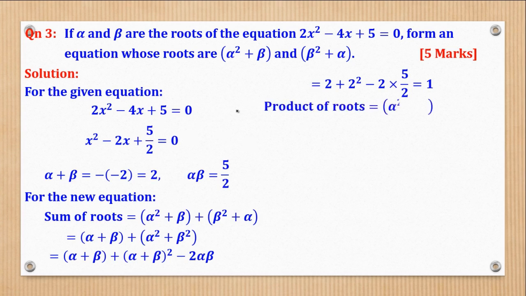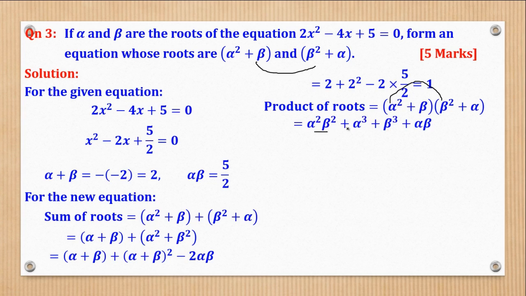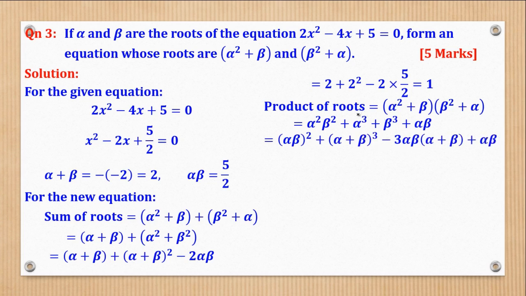Then when it comes to the product, I'll multiply these 2, open brackets. So this times this gives you this, this times this gives you this, and this times this gives you that, this times this gives you that. So that was expansion. Then you have to rewrite this. So alpha cubed plus beta cubed can be written in terms of sum and product in this way.